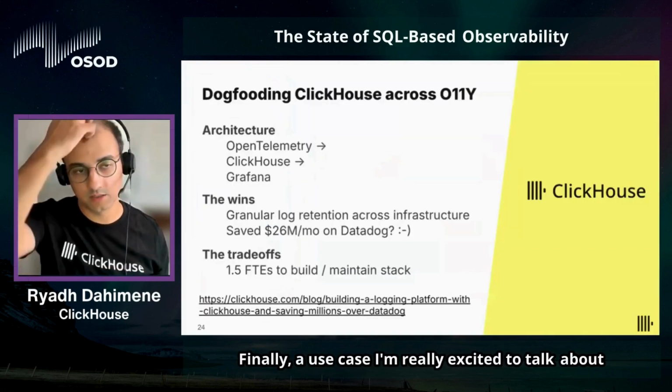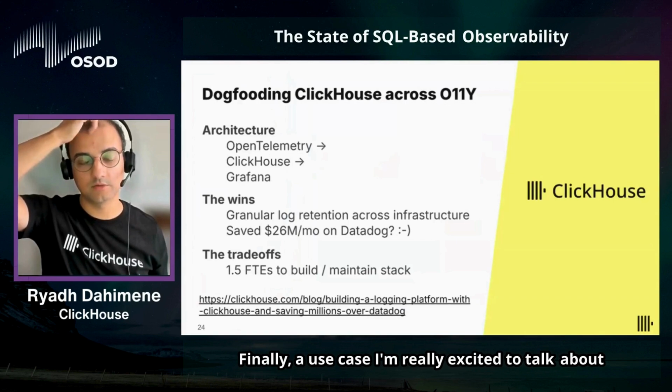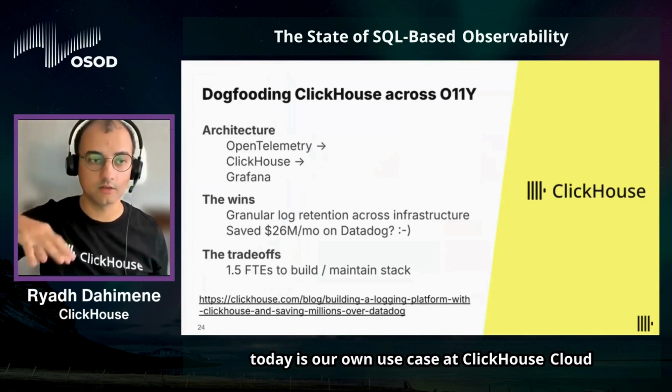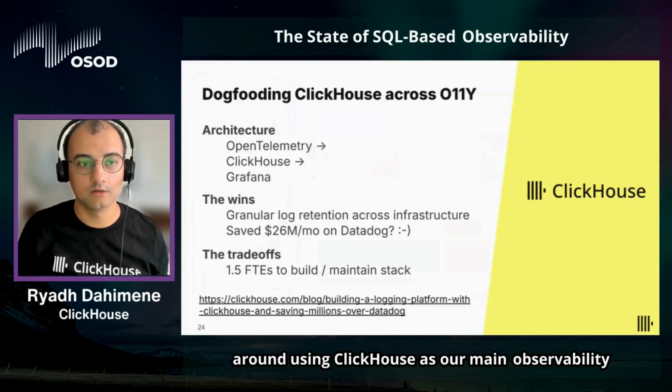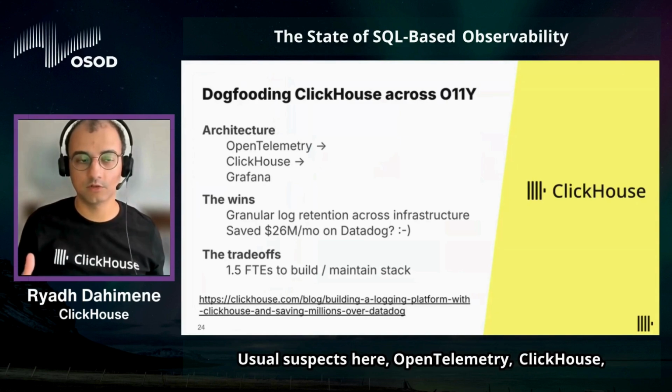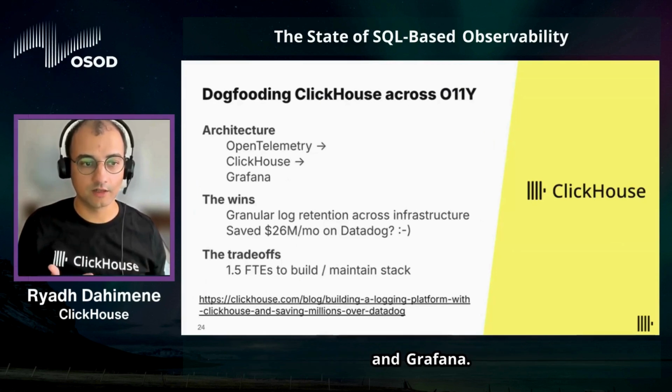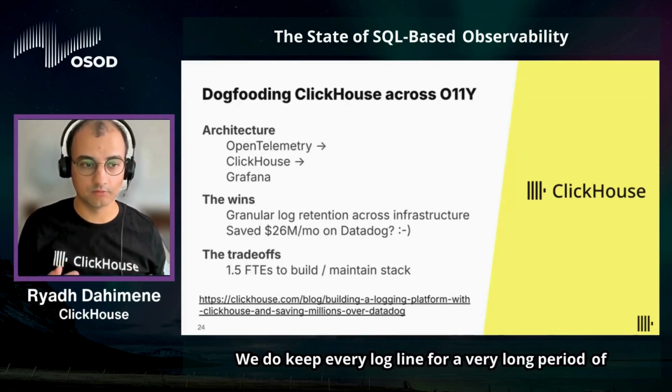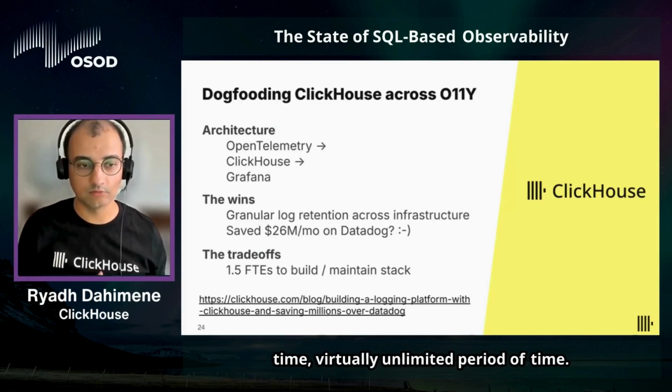Finally, a use case I'm really excited to talk about today is our own use case at ClickHouse Cloud around using ClickHouse as our main observability store. Usual suspects here, OpenTelemetry, ClickHouse, and Grafana. We do keep every log line for a very long period of time, virtually unlimited.